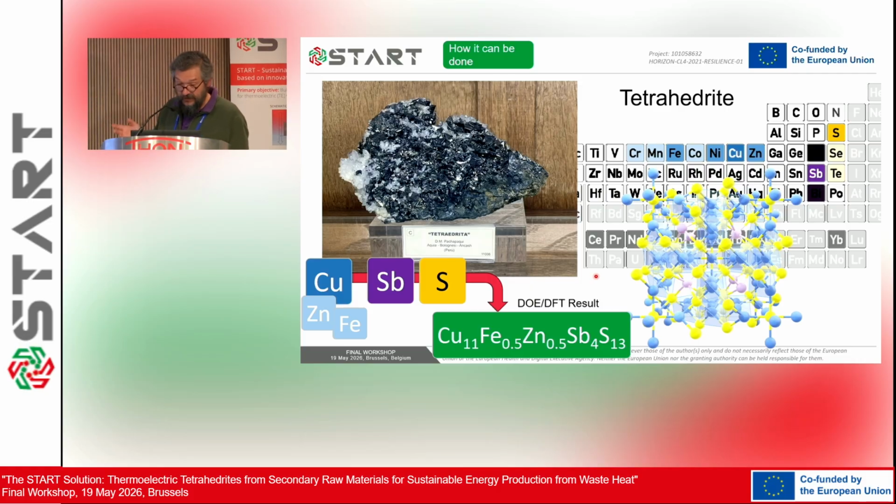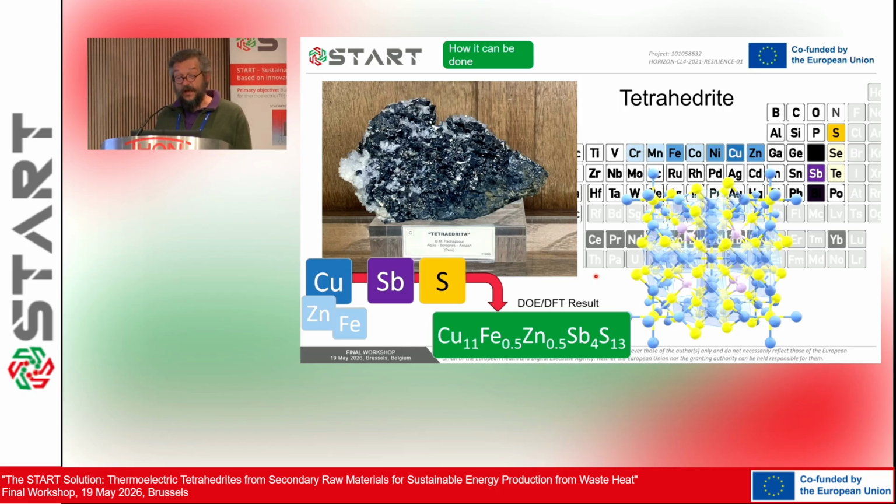I highlighted here chromium, manganese, cobalt, nickel, well, all the first row of transition metals, but there are more. On top of that, there are elements that in nature are included in tetrahedrite, and we are not really needing them, like arsenic or, I think, bismuth. Sulfur can also be substituted by selenium and tellurium in nature, not something that we want.